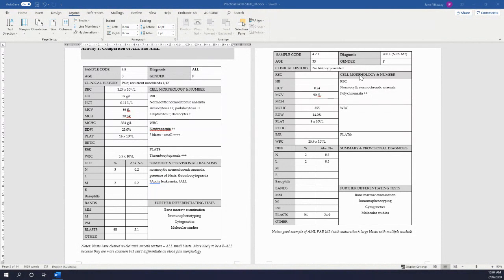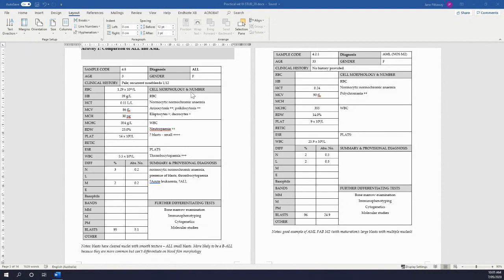But the thing to keep in mind is that AML is more generally the leukemia of adults, and ALL is more generally the leukemia of children. Of course we do have another spike with our ALLs in much older individuals as well.